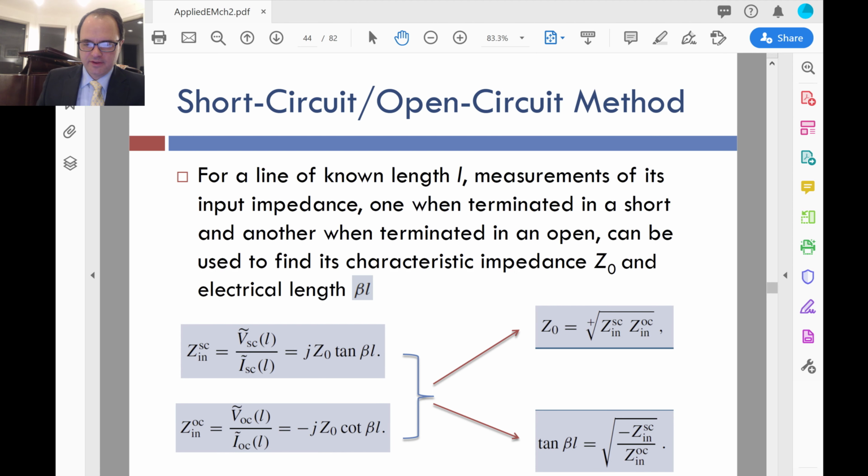And then we consider both of these and see what we can do with them, because these are very easy circuits to make with our transmission line.